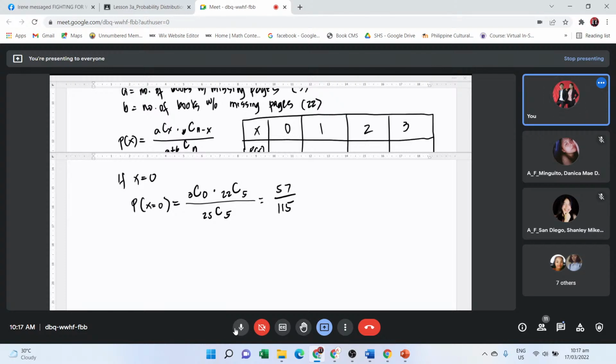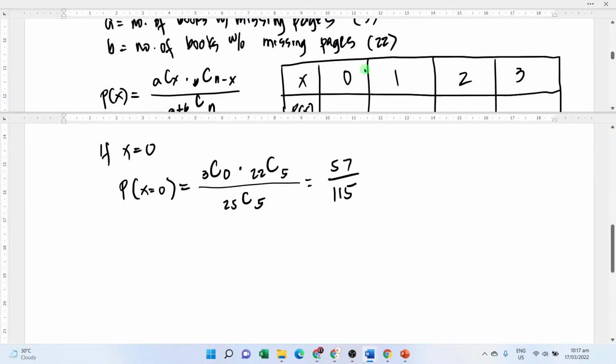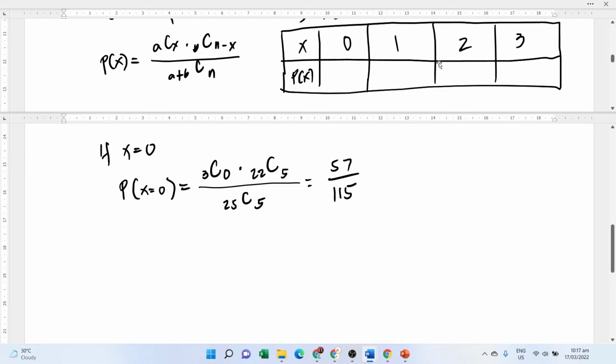I will check 22 combination 5 and then in the denominator 25 combination 5. Okay, so this is correct. Very good, Mingito. That's 57 over 115. Let's write it here. So if x equals 0, we have 57 over 115.